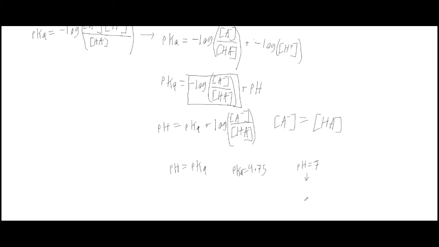And so if you have a solution that's maybe at a pH of 1 and you add acetic acid, then it's probably going to draw it not as strongly, but it's going to draw it sort of in that direction.